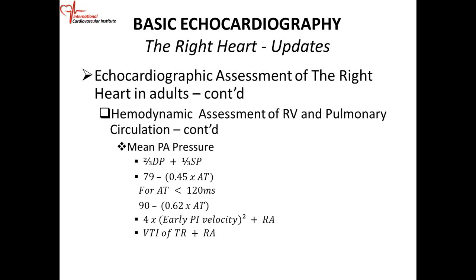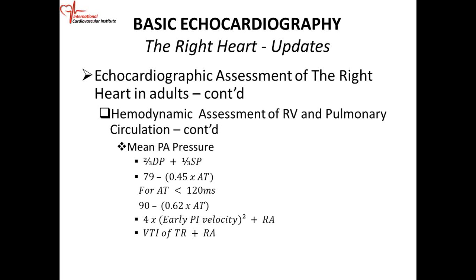So if the acceleration time is less than 120 milliseconds, you can use just the acceleration time to get the mean PA pressure. So it is 79 minus 0.45 times the acceleration time.